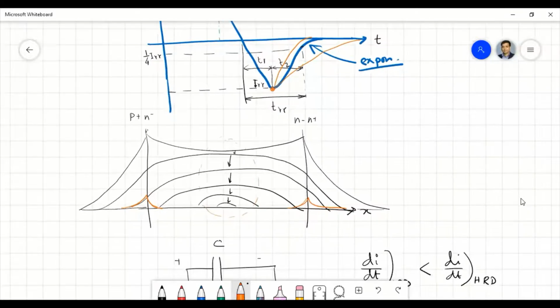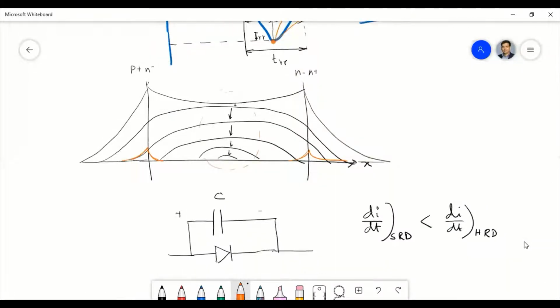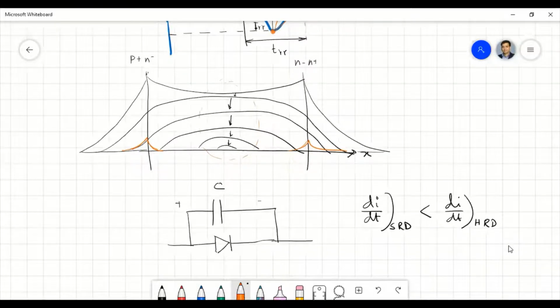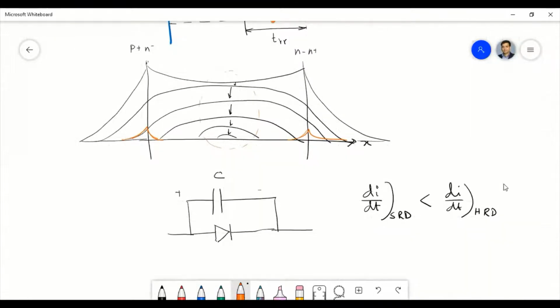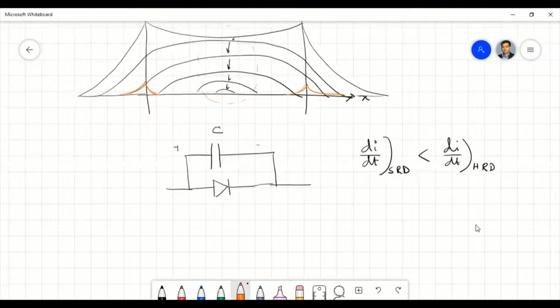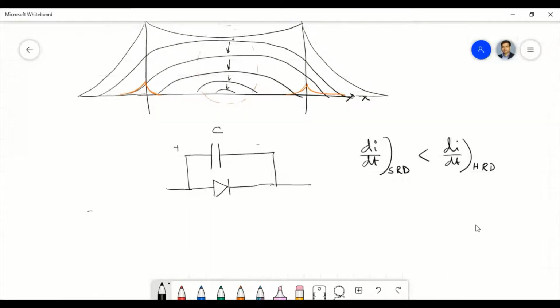Now if we think of this very fast recovery, then there is another option which is called the Schottky diode. Have you heard of this Schottky diode?